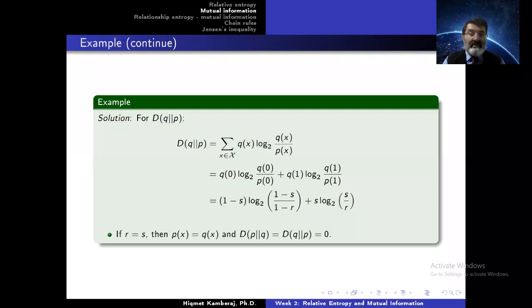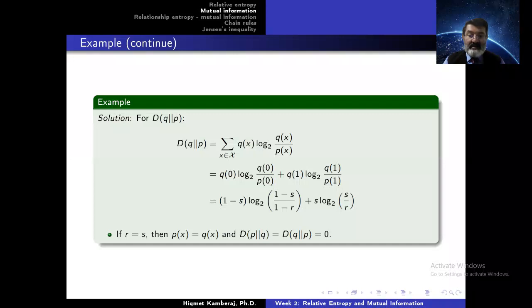Then again, 𝒳 has the elements 0 and 1, so we arrive at the second line: Q(0) log base 2 of Q(0) over P(0) plus Q(1) log base 2 of Q(1) over P(1). Replacing Q(0), P(0), Q(1), P(1), we get (1 minus s) log base 2 of (1 minus s) over (1 minus r) plus s times log base 2 of s over r.